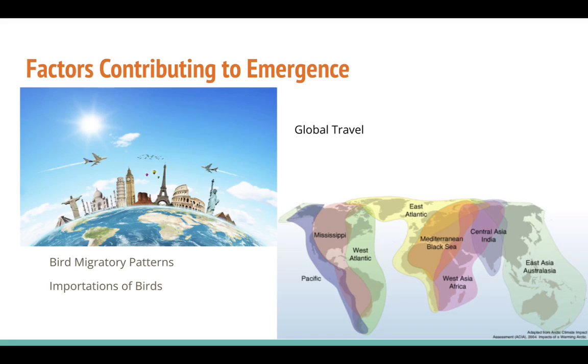Besides migration, legal and illegal importations of domestic birds also introduce some African birds into the Western Hemisphere. Moreover, with increasing global travel, the spread of West Nile infections in travelers will also increase. This is to say that more people are likely to contract the infection, not that it will be transmitted human to human.